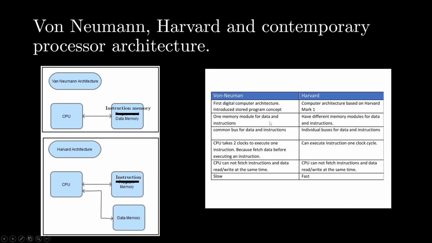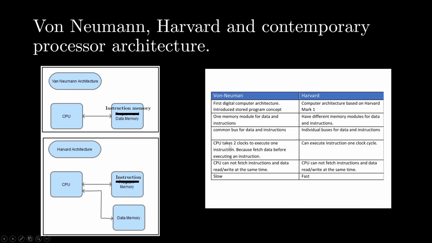The second point is also literally by definition how they are different: the von Neumann architecture has one memory module for instruction and data memory, whereas Harvard has two different ones. And then from there, you can infer that von Neumann would have a common bus for data and instructions because it's one memory module, right? And then Harvard would have separate ones.